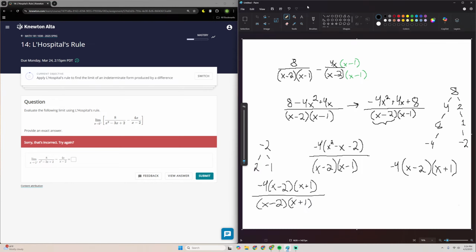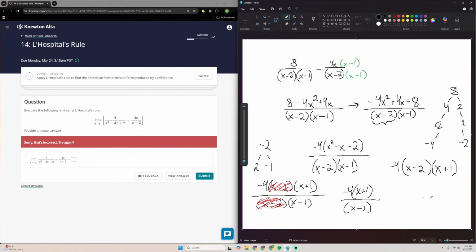Minus 1. This will eliminate x take away 2 on top and on the bottom, which leaves negative 4 x plus 1 over x take away 1.